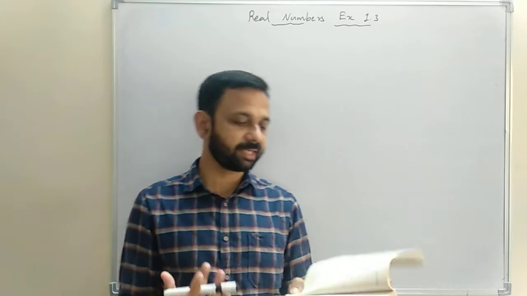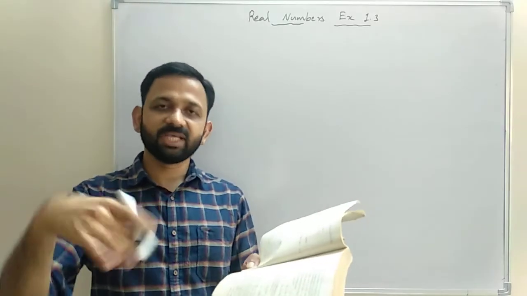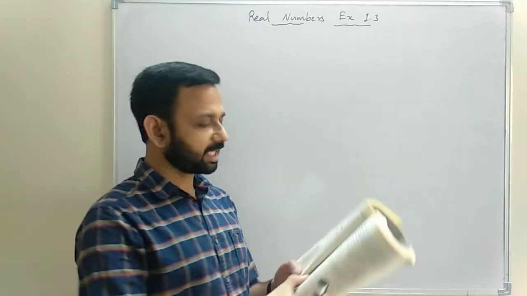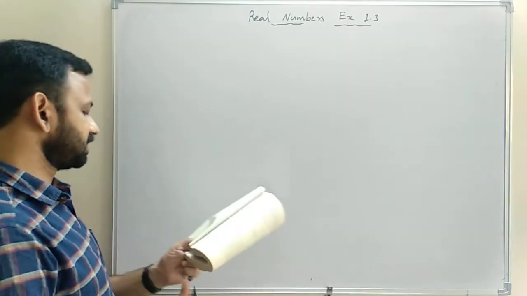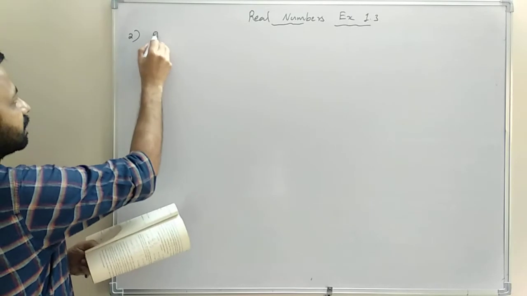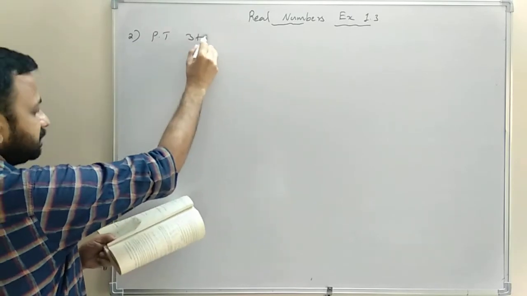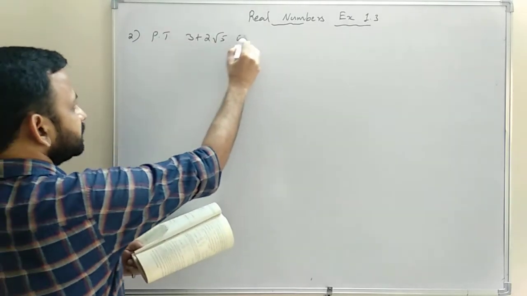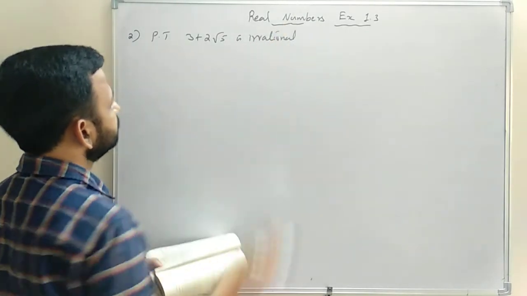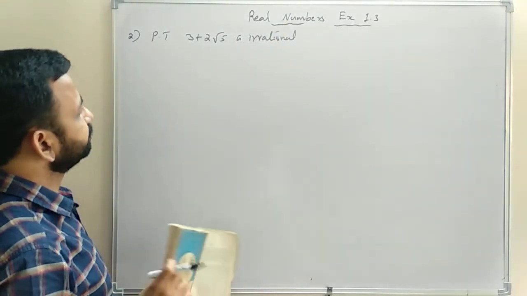Same, exactly same. We need to change 3 by 5, then we will get it. Second question we can do: Prove that 3 plus 2 root 5 is irrational. Same way we can do.